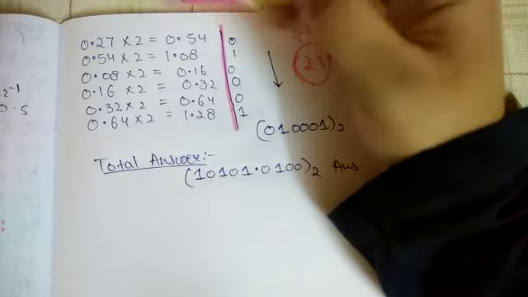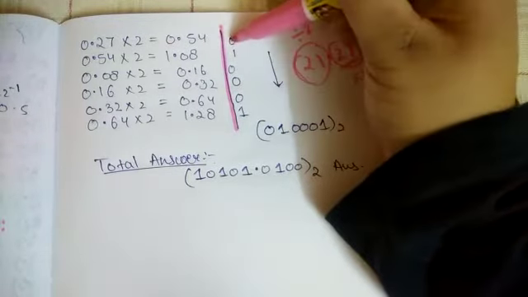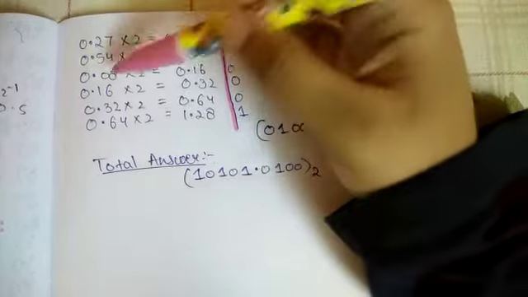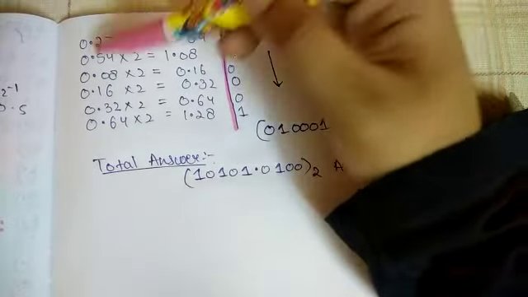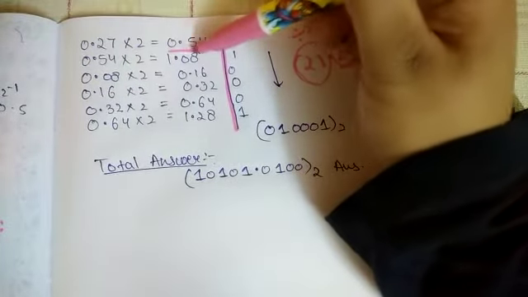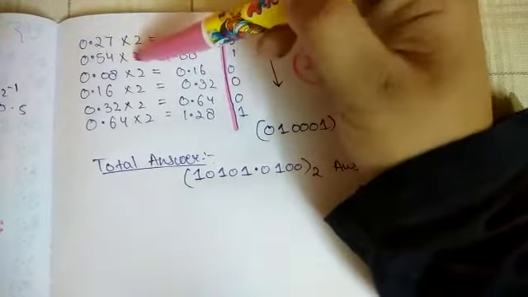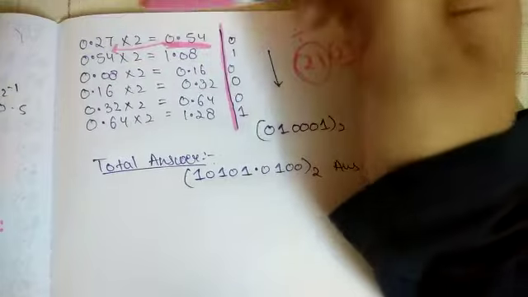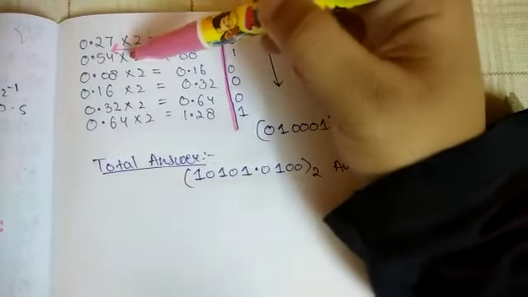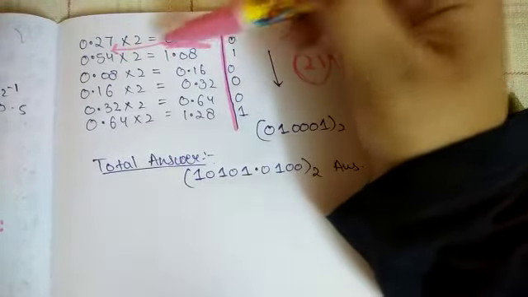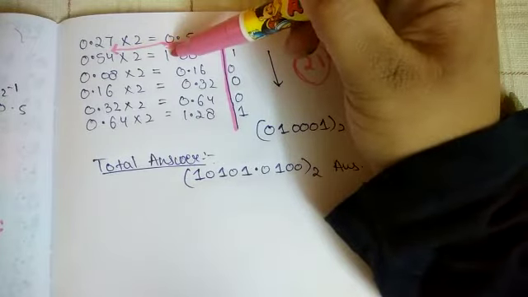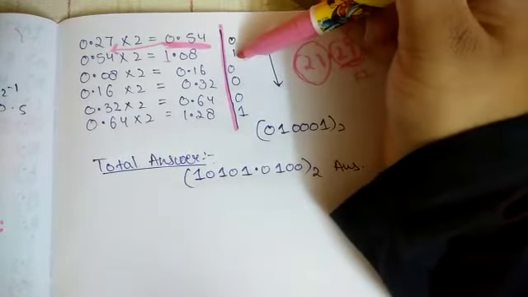And what is the digit before the decimal? That is 0. So we have written 0 over here. After that, we write what we have to multiply next. This 0.54 part we have to multiply by 2, that is 1.08. So the value before the decimal, that is 1, we have to put over here.